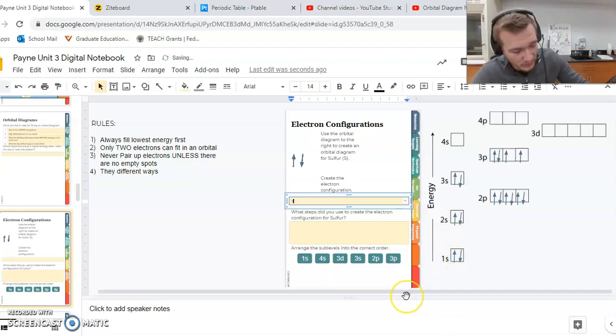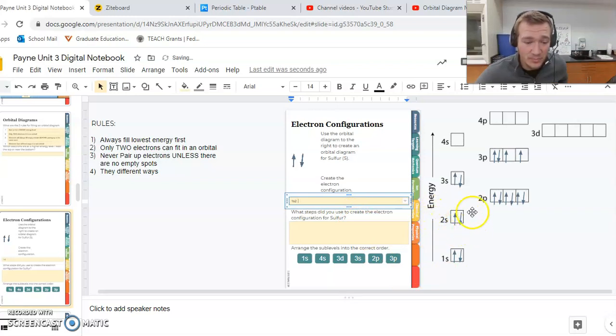2, right? So it would be 1s2. Easy enough. In the second orbital, the S subshell, how many electrons do I have? 2, right? So it would be 2s2. On the second orbital, in the P subshell, how many electrons do I have? 2, 4, 6. So that would be 2p6.